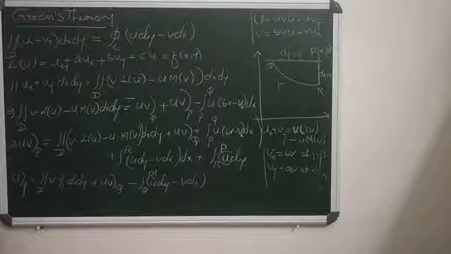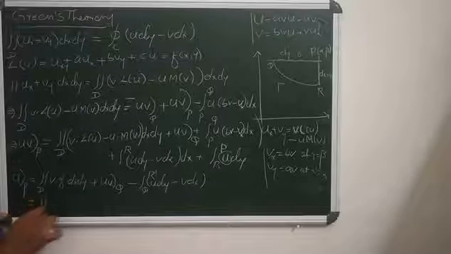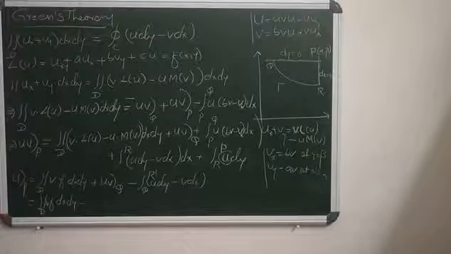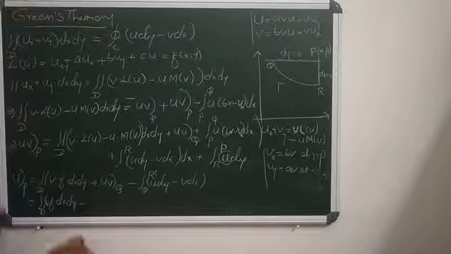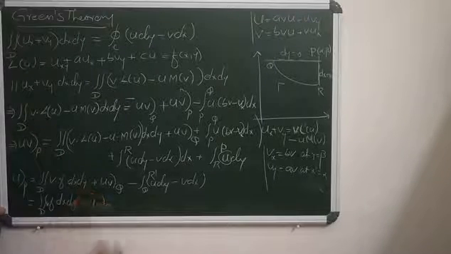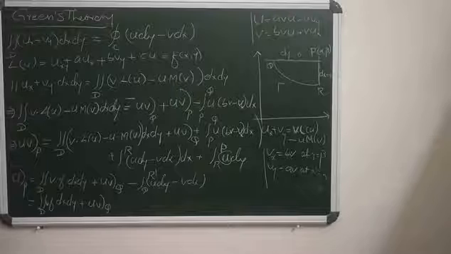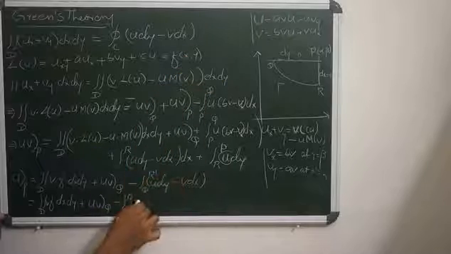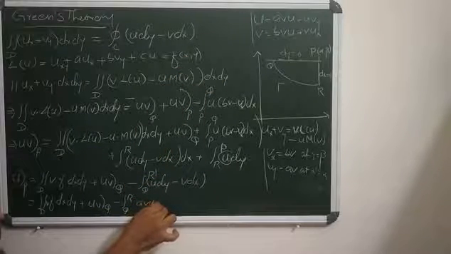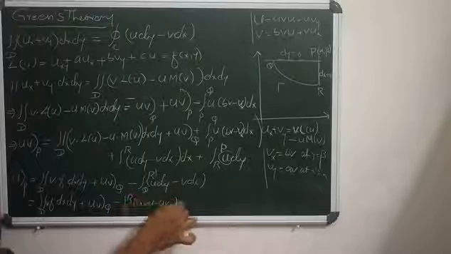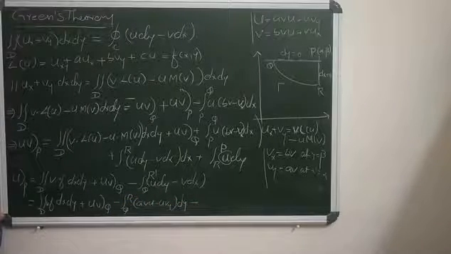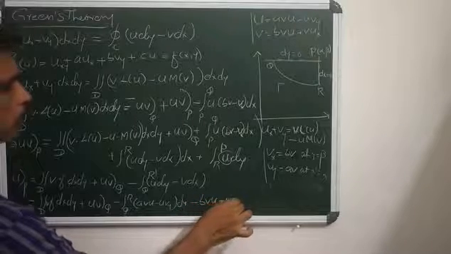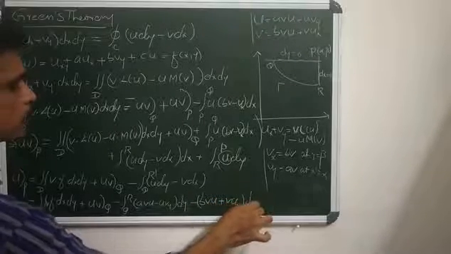So again it equals double integral over d v into f dx dy plus uv at q minus integral q to r. What is u? U means avu minus u vy dy minus v dx. What is v? b vu plus v ux dy.